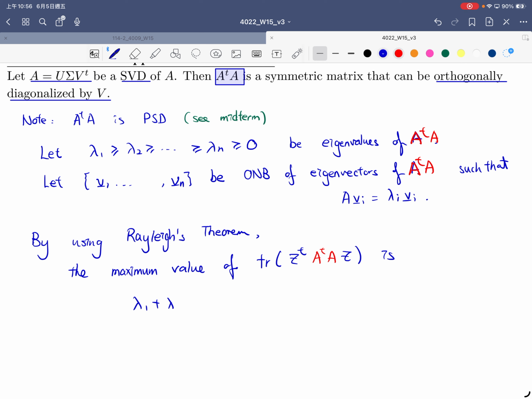But lambda 1, lambda 2, up to lambda R: the sum of the R largest eigenvalues of A transpose A.